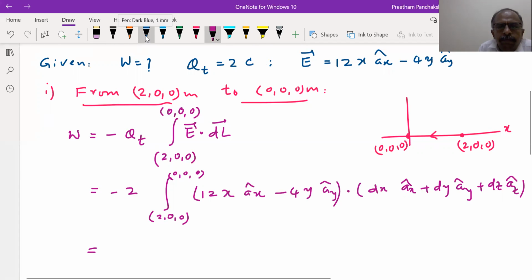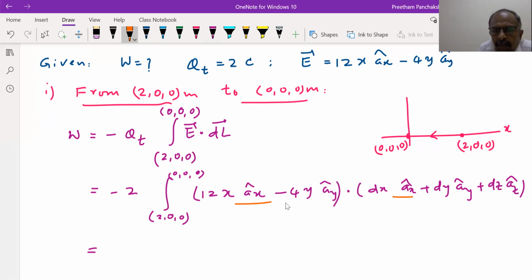Let us perform the dot product. The first term has an x component and dx is the x component, so the dot product gives 12x dx. a_x dot a_y is 0, a_x dot a_z is also 0. So corresponding components are multiplied in the dot product.